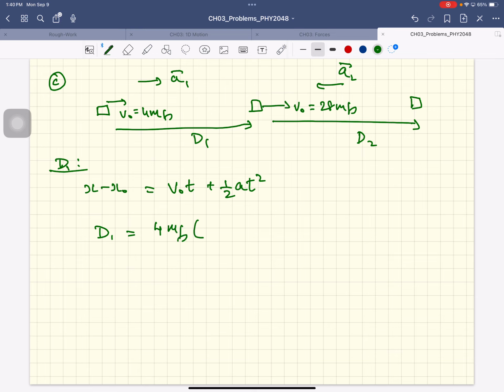And how long were you accelerating? 8 minutes, which was 480 seconds. What was the acceleration? 0.05 meters per second squared, 480 seconds.